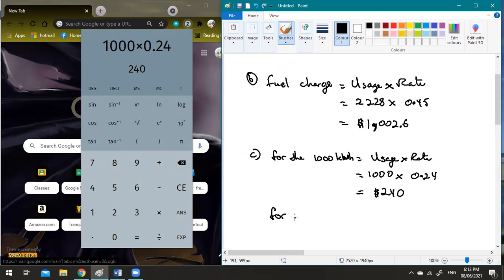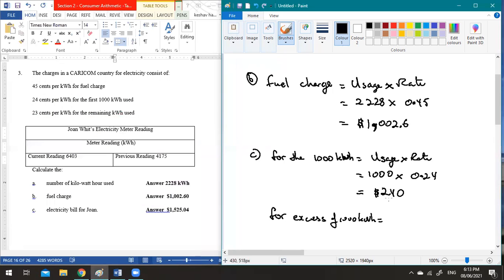Then for the excess of 1,000, right? We need to know how much was the excess. So the excess would have been how much you use in total, 2,228 minus 1,000 by the rate, 23 cents.